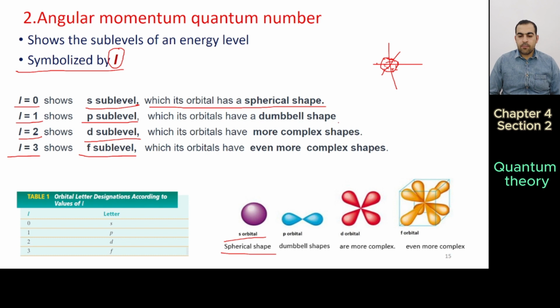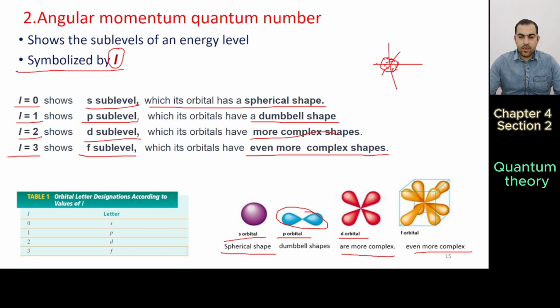And electrons in p orbitals have a dumbbell shape. The d orbital is more complex, and f orbitals are even more complex. This is written here. So the angular momentum quantum number describes these sublevels.